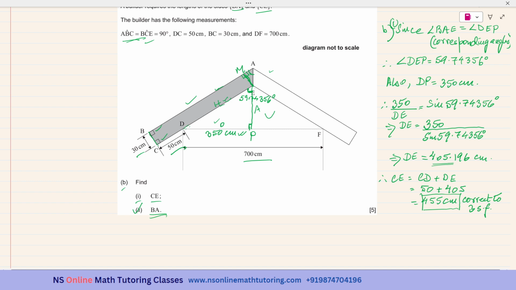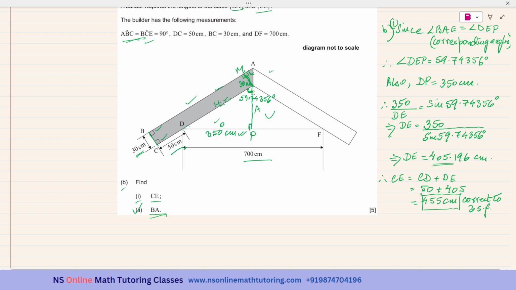So it is a rectangle. So if the side length BC is 30 centimeters, then the ME will also be 30 centimeters.